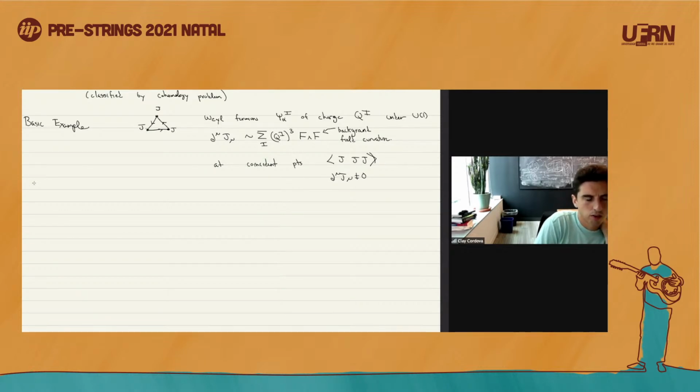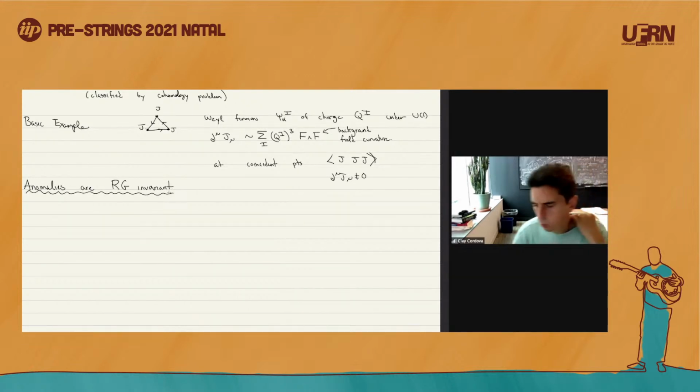If you have a symmetry in the ultraviolet, you have it in the long distance physics as well. And in fact, the same is true for anomalies. So anomalies are RG invariant. And this is really the key reason why we're so interested in them.